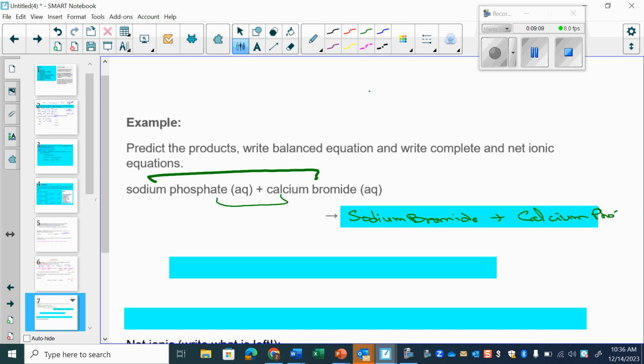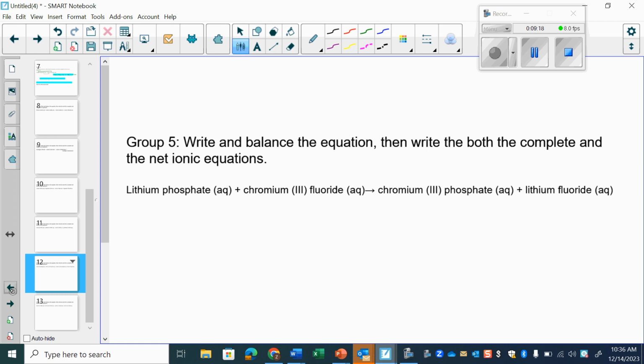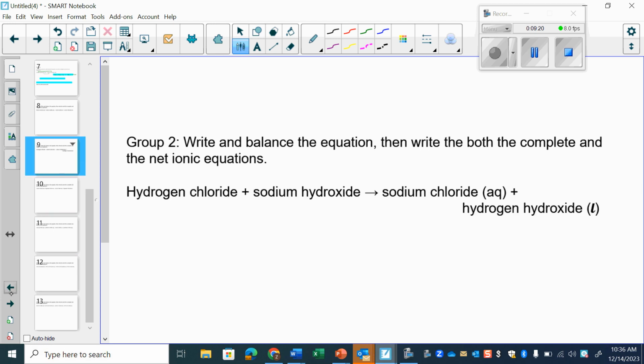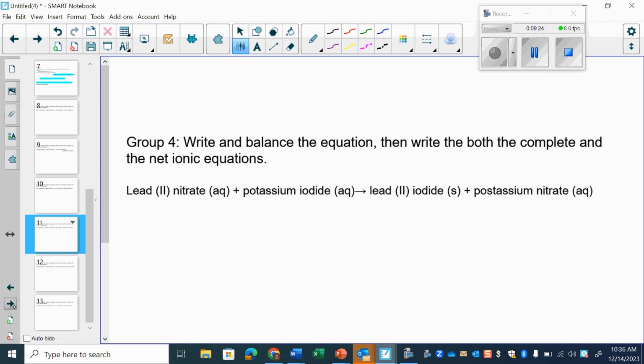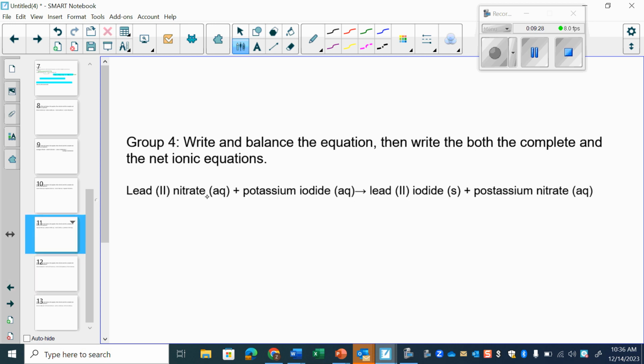Now I have to see which of the two is not soluble, and that will come from the solubility chart. Let's look at the one. Okay, so let's do this one. It's already giving me the information, so let's go on this one.